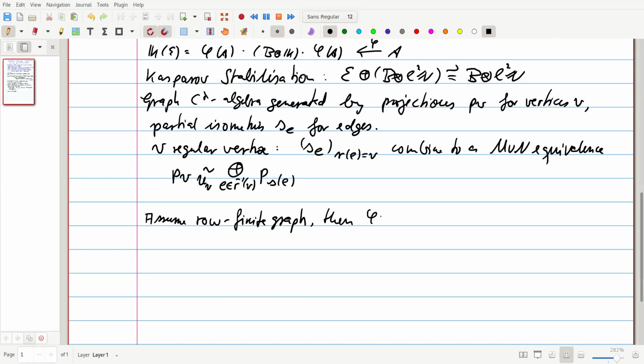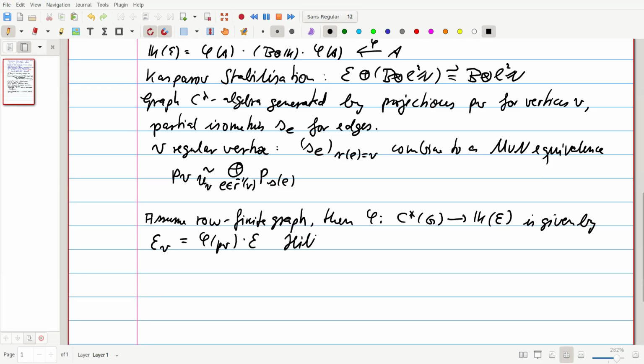if I have this map from my graph C-star algebra, I write C*(G) for the graph C-star algebra of the graph G, going to the compact operators on some Hilbert module E, this is given by the following things. So I first define some Hilbert modules, which are just the images of the vertex projections.